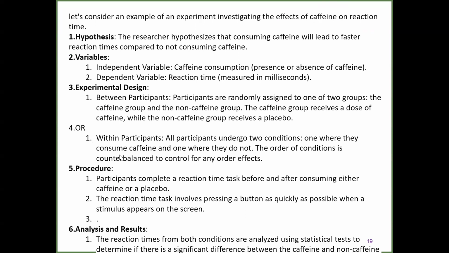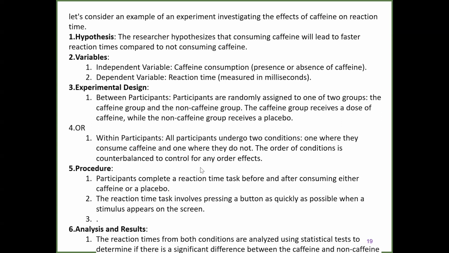Another experiment design is to use within participants. All participants undergo two conditions. One where they consume coffee, and the next time the same participants carry out the experiment without consuming coffee. The order of conditions is counterbalanced to control any order effect.